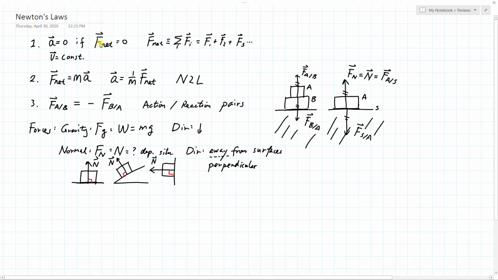We also have tension. Tension will be Ft or T. The magnitude also is unknown and dependent on the situation. And direction? Tension tends to pull, say there's a string or rope, tension tends to pull the ends of the string or rope towards each other so that the rope or string does not break.